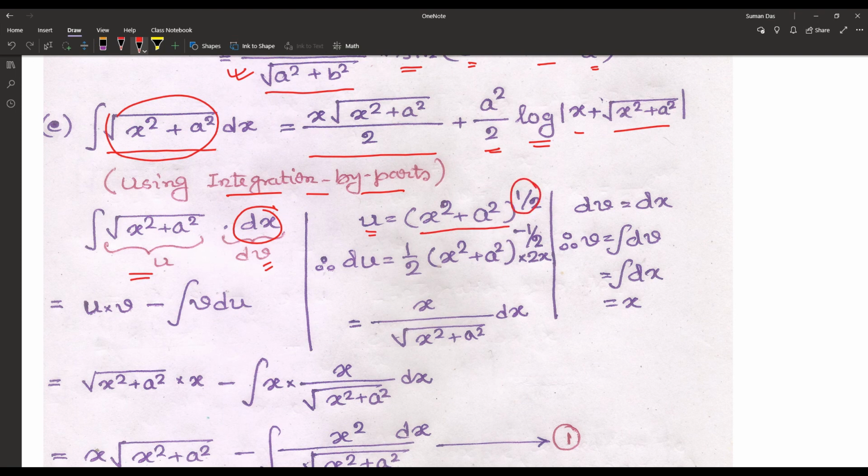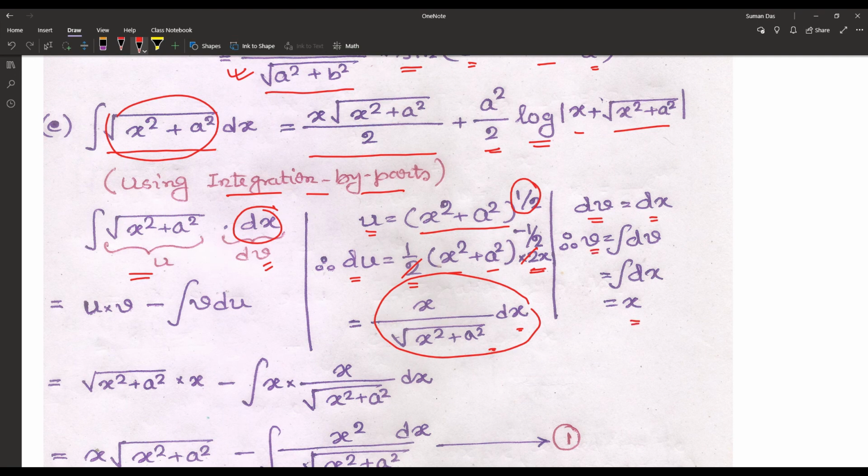So du is equal to half into x squared plus a squared whole to the power minus half into 2x, or if we omit the 2 from here, du is equal to x divided by the square root of x squared plus a squared into dx, and dv is equal to dx, so we are getting v as x only.